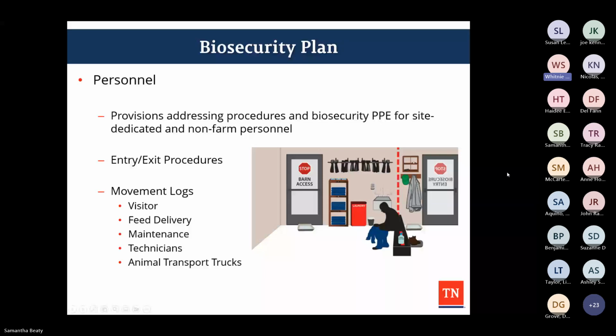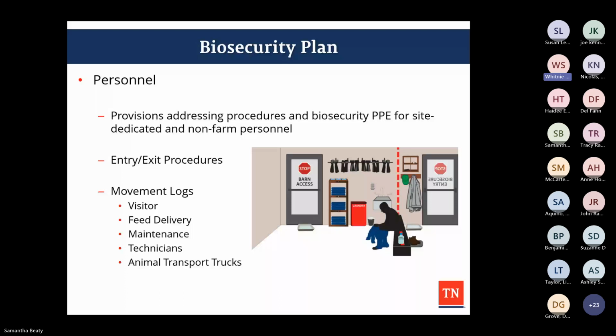So having a plan for people who are going to be on site every day, such as your growers, caretakers, and technicians, but also non-farm people or visitors. Those entry and exit procedures are really important. So identifying how people are going to gain access to the overall premises, as well as to each specific barn or building on site.